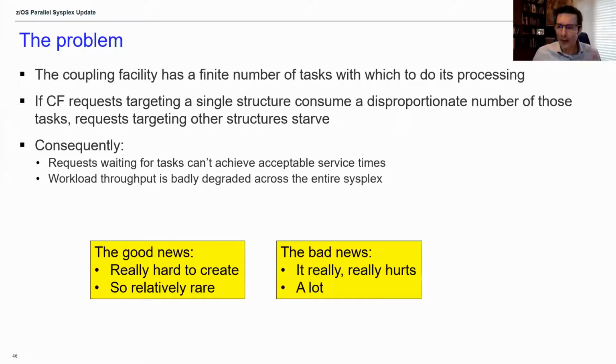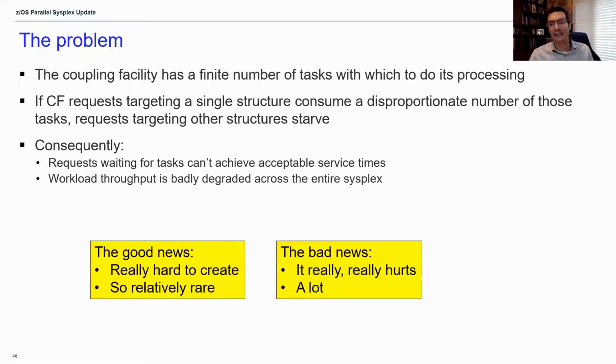And in some rare cases, there could be a case where a single structure consumes such a disproportionate amount of those tasks that it starves out and basically squeezes out other well-behaved structures on the system, and those guys cannot get control, or they get control in such a delayed fashion that their performance is greatly impacted. And so again, workload throughput is badly degraded across the Sysplex.